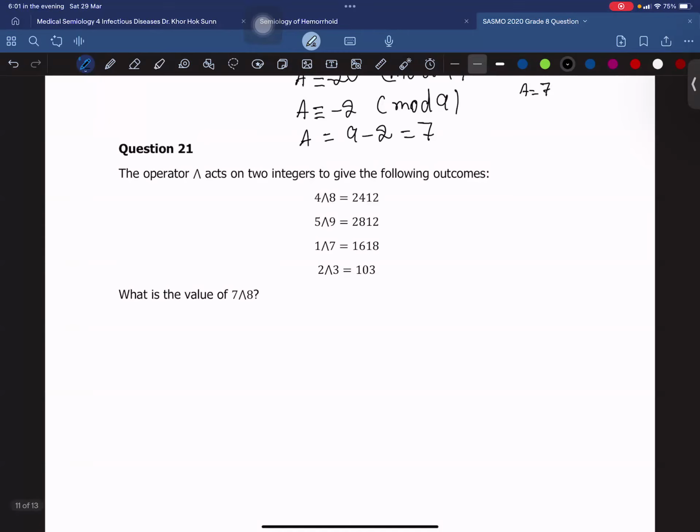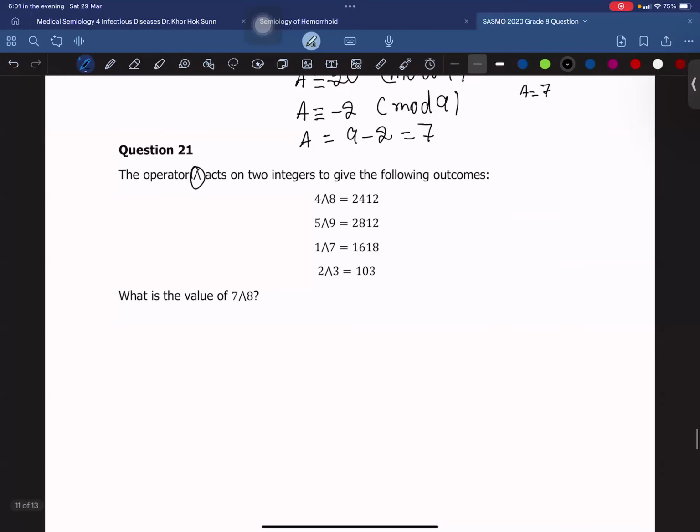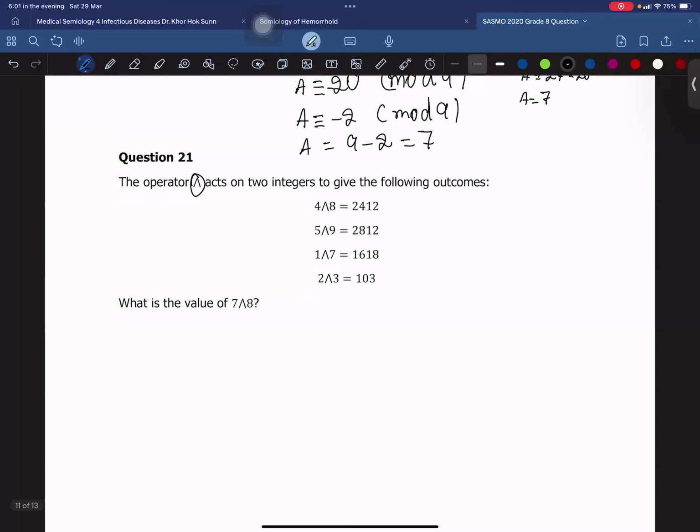The operation, this sign, acts on two integers to give the following outcome. For the sign, 8 equals 24 and so on, like the picture you can see. And then what is the value of 7, the operation, and 8? Okay, so I'll give you 1 minute to solve this exercise. After that, I'm going to do it for you.